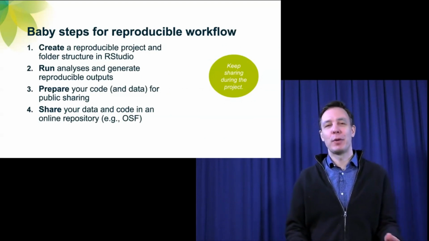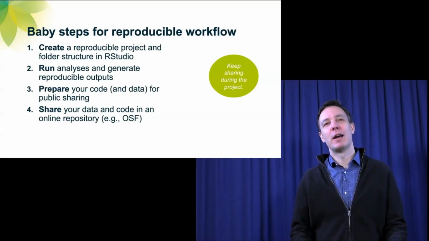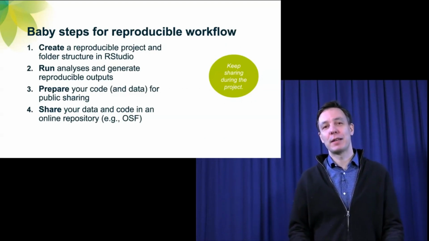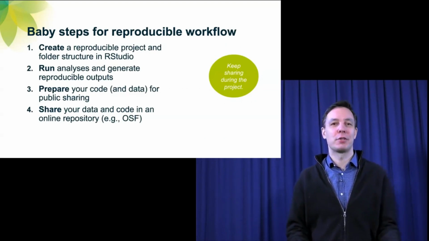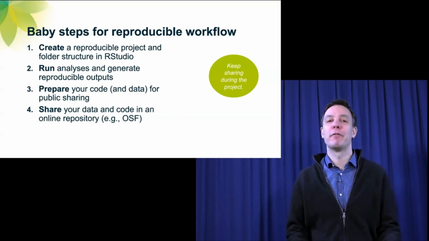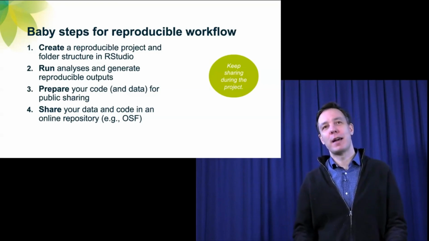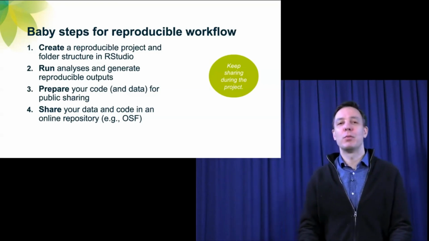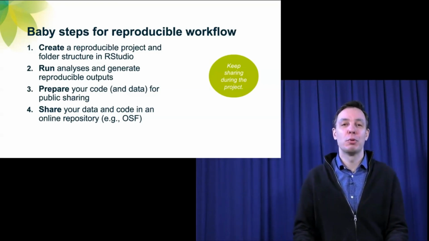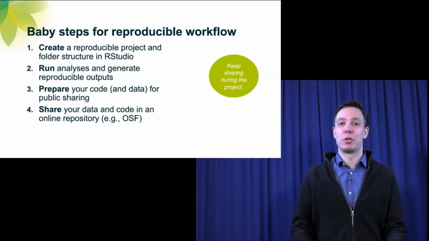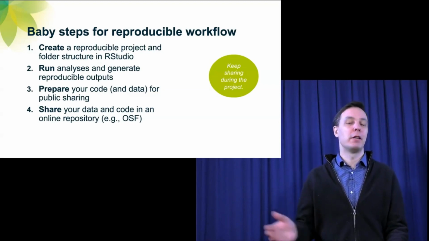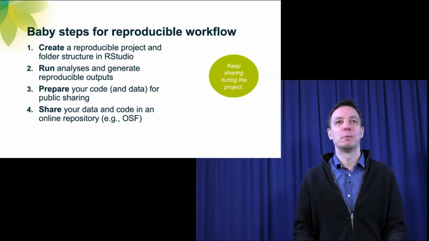So first of all, we have to have a project which has an organized folder structure and includes all the files related to the project. Then we can run analysis with R code and R notebooks and generate reproducible outputs, so tables and figures with our code.